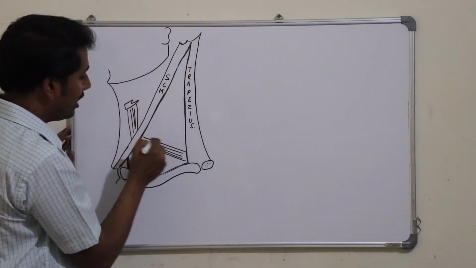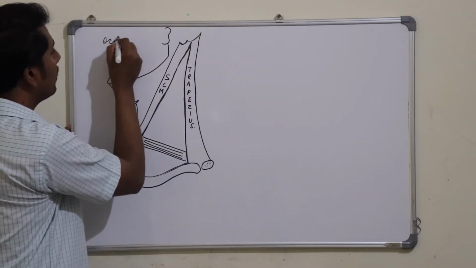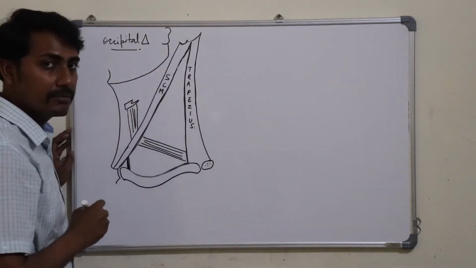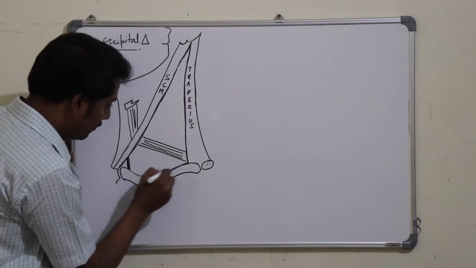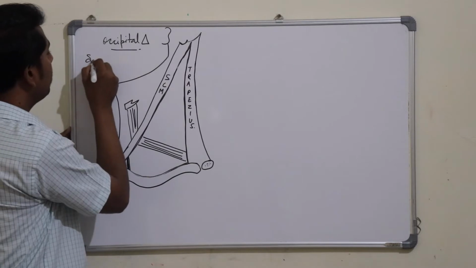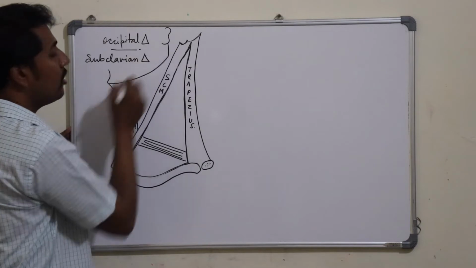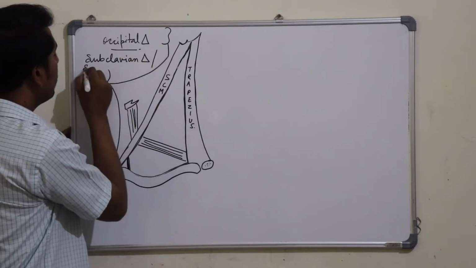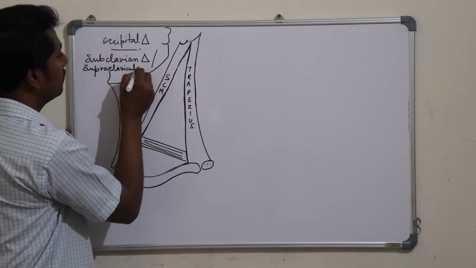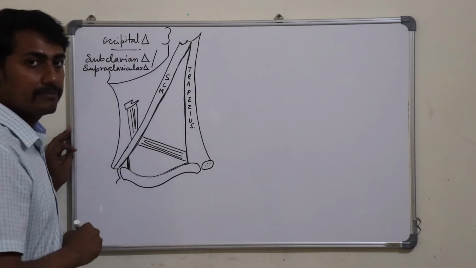This upper triangle above the omohyoid muscle is known as occipital triangle. And the lower triangle below the inferior belly of the omohyoid is known as subclavian triangle or supraclavicular triangle, as it is present above the clavicle.